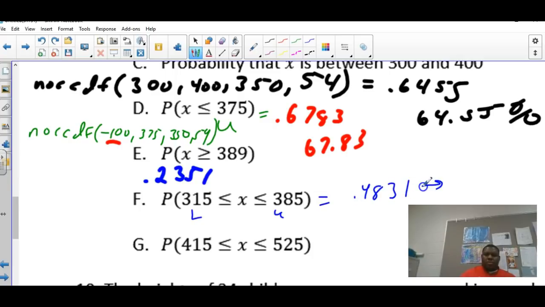Convert that to a percent, 48.31. This one, lower bound, upper bound, and it will give you 0.1138, or you can put 11.38%. Your choice.